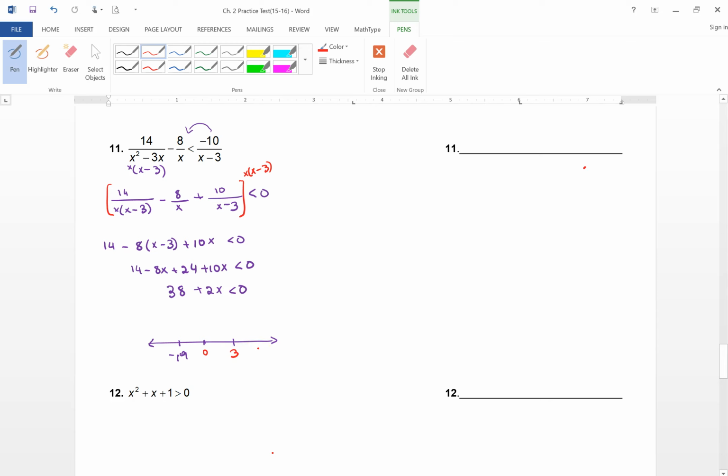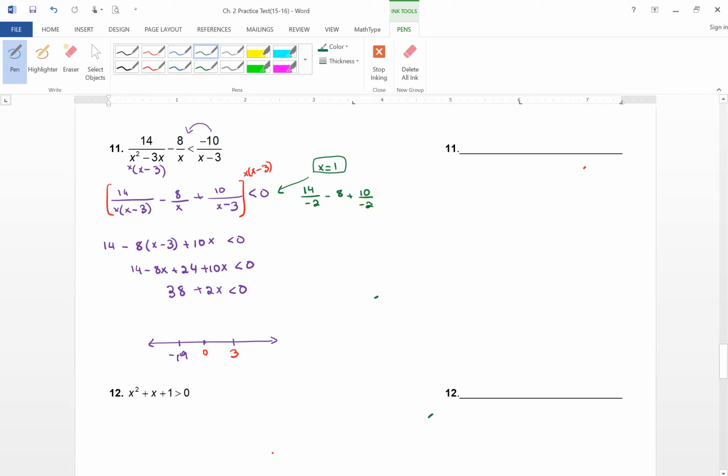Okay, so let's plug in an easy number. What's an easy number? We can plug in a 1, right? Let's plug in x equals 1. And this is why I moved it over, because I want to plug it into this step. So what do I get when I do that? 14 over negative 2 minus 8 plus 10 over negative 2.